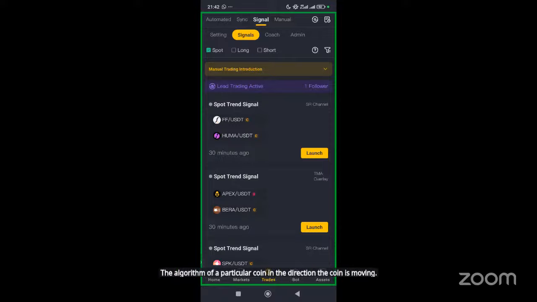For example, when the indicator gets a notification, it alerts the robot based on the build-up, and it points out a particular coin that is going in a particular direction at a particular time. So what that simply means is that you can take your shot on that coin in that direction, and definitely you will make money. That is the beauty.